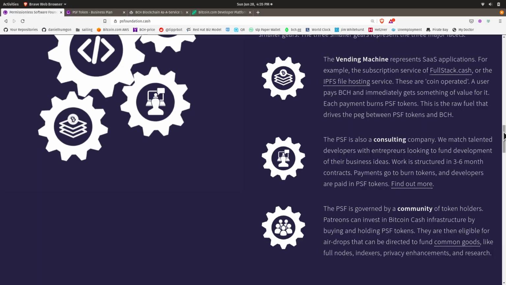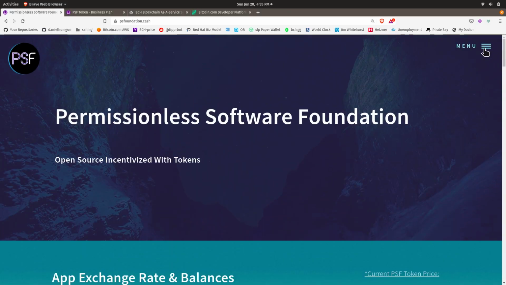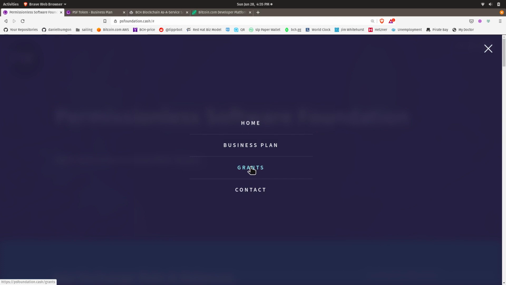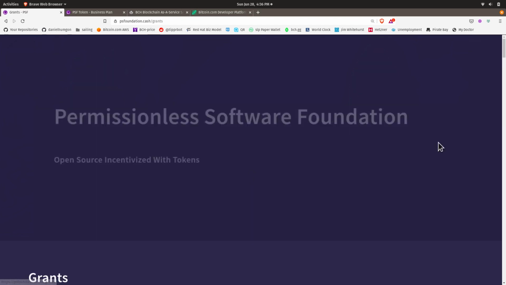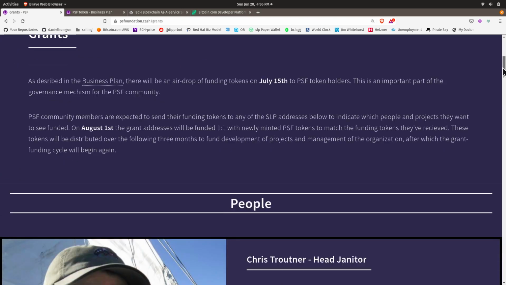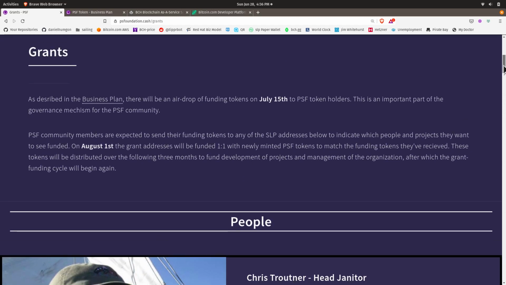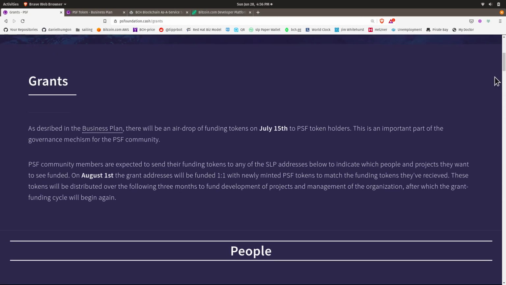But right now we're getting ready to kick off our very first round of grants. So if you go to the menu, you can go to the grants page. I'll do a separate video talking about the actual grants for this round, but right now I'm going to talk about just grants in general.